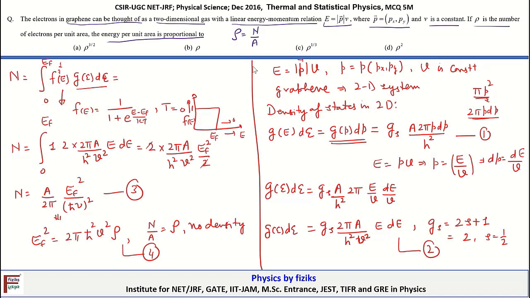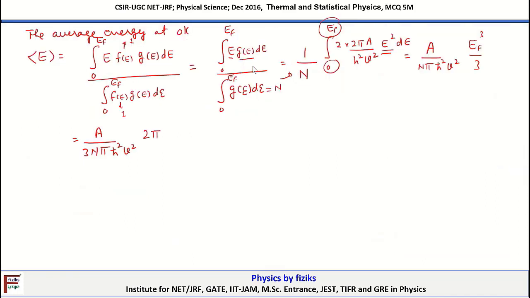So it's 2 pi h cut square b square rho, to the power 3 by 2, because here we have substituted the value of EF from the previous equation.